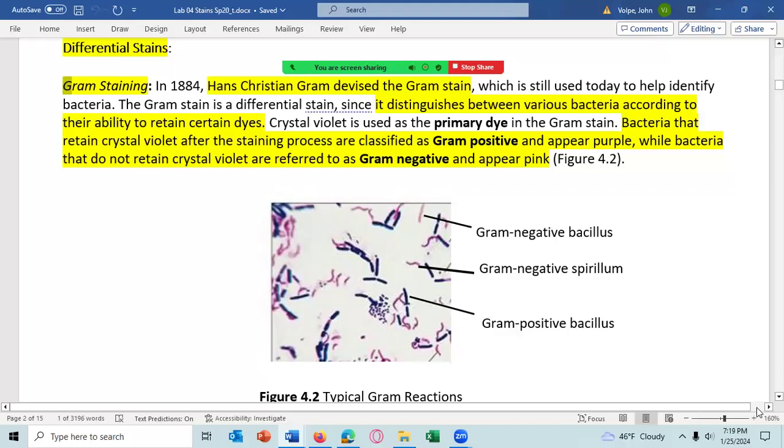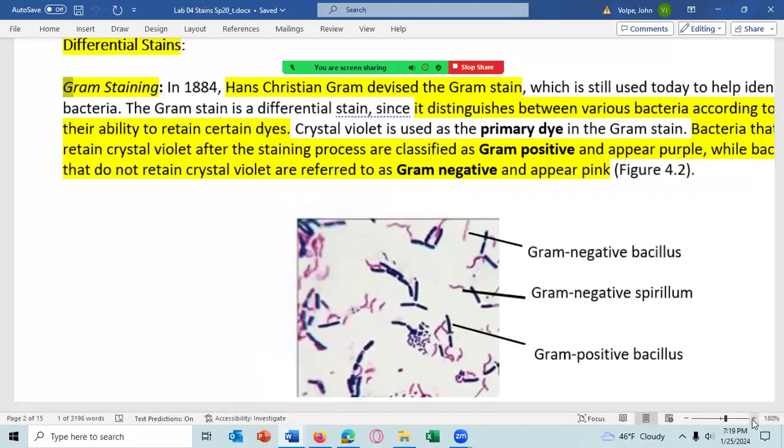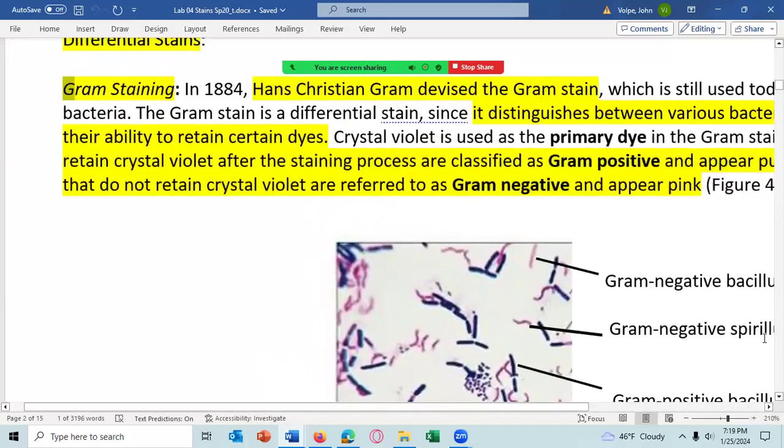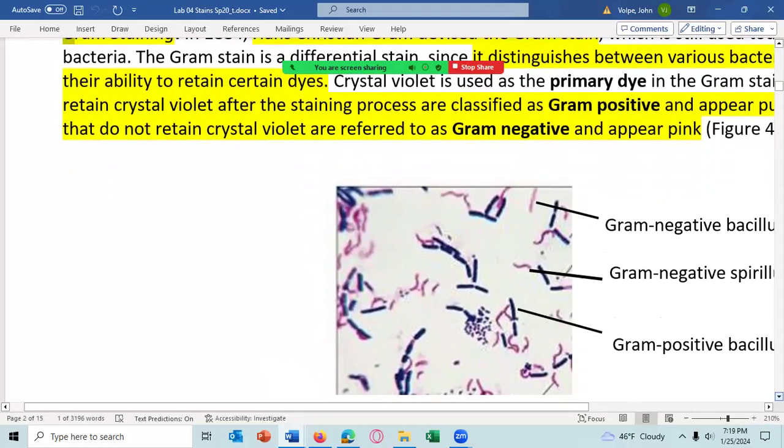Let me see if I can blow this up even further. I think these are gram-positive cocci, but they're probably not in good focus, so they're not showing up too well, or maybe they're not staining too darkly. But all the cocci here and here look like they're gram-positive cocci.